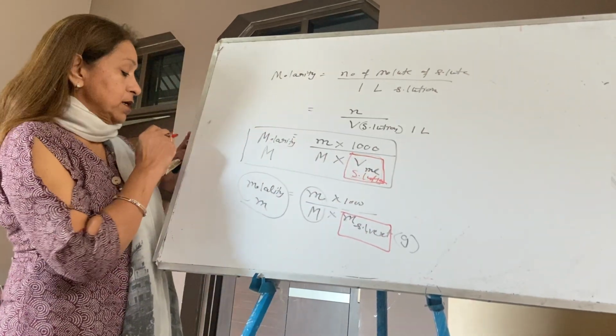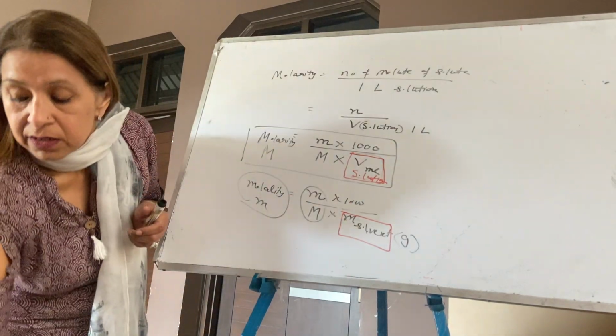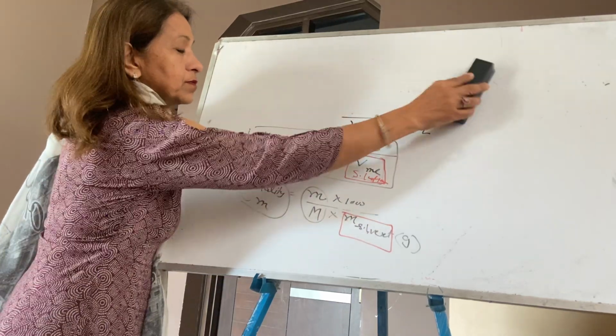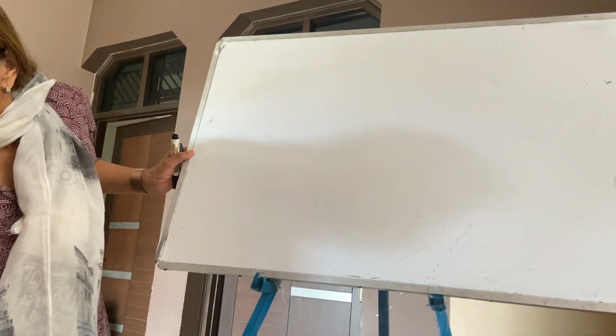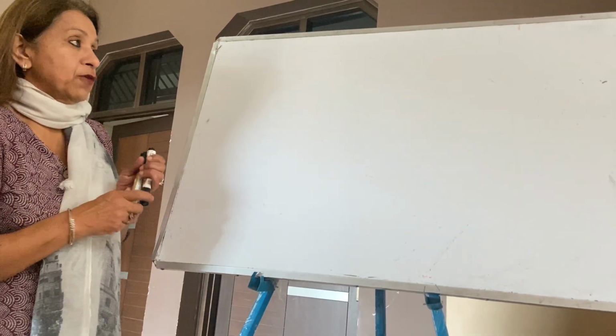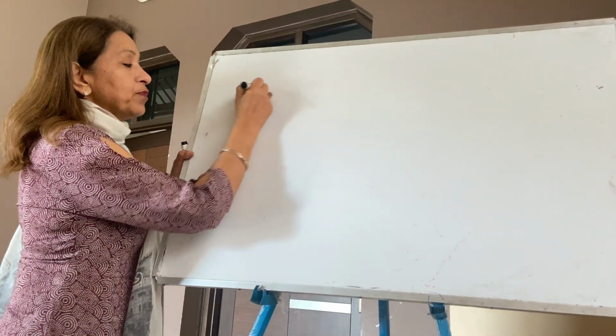Let us start the numerical. Open your NCERT book. Exercise numericals are coming. The first numerical I am taking from your exercise is numerical number 5. Write down question number 5 from NCERT.